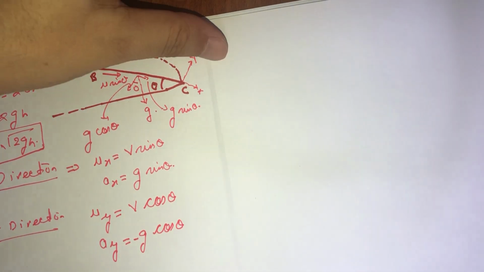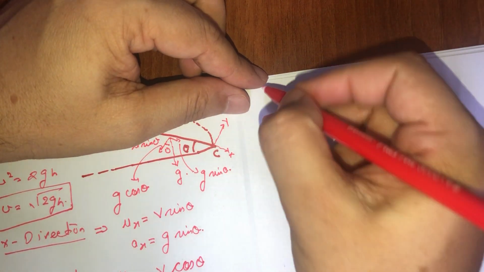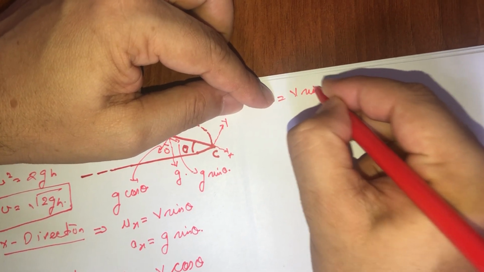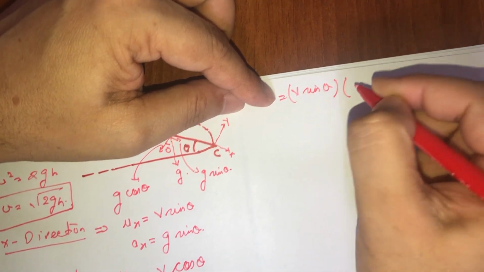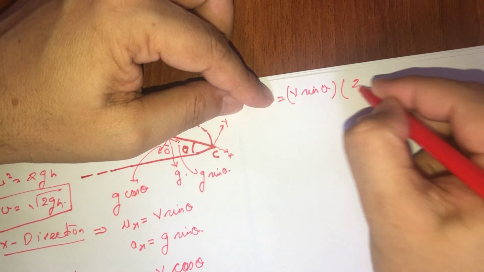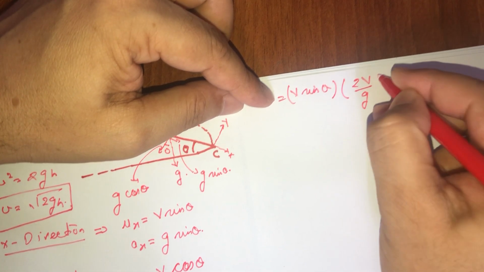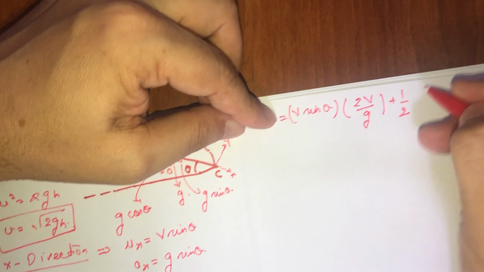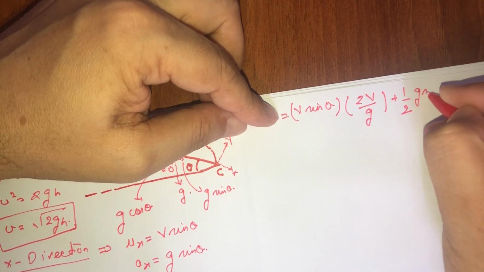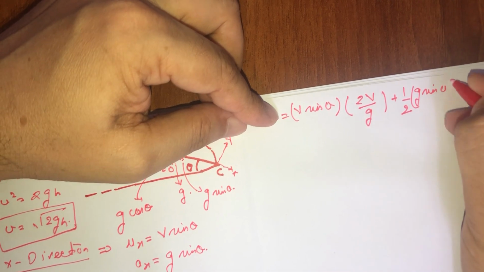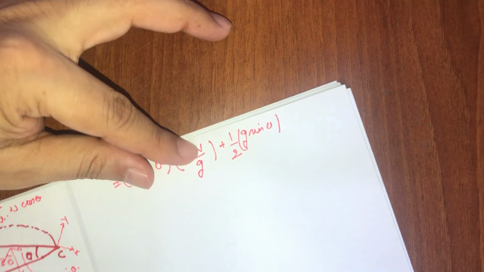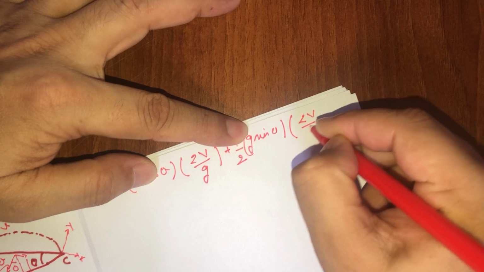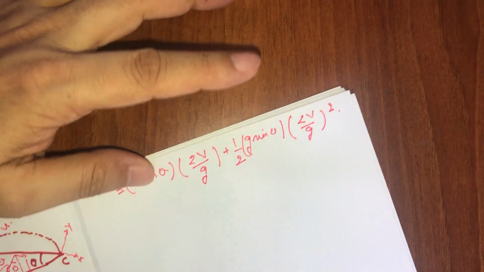Now we substitute the value of t. We get equal to v sin theta multiplied by t, that is 2v divided by g, plus 1/2 g sin theta, square of time is 2v by g whole square.